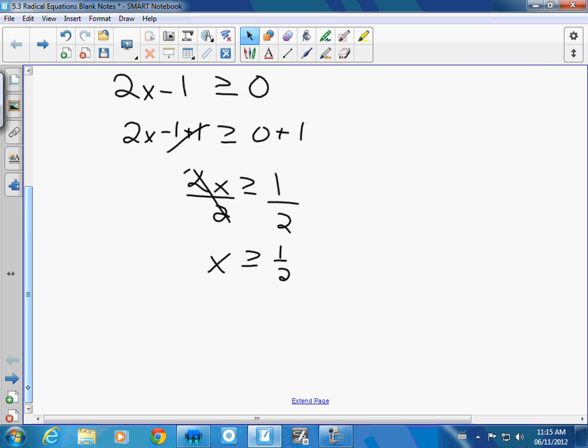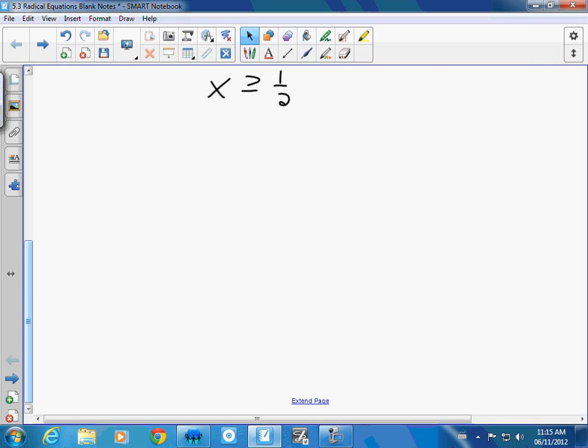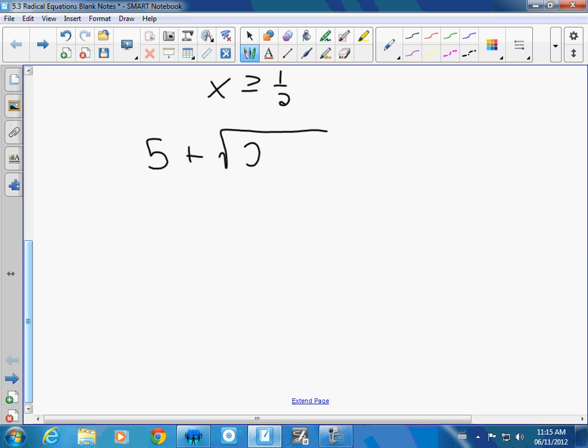Okay, I'm going to write the equation down again. So 5 plus root of 2x minus 1 equals 12. When you're solving algebra, what are some of the things you do? You always try to make the variable equal to something.